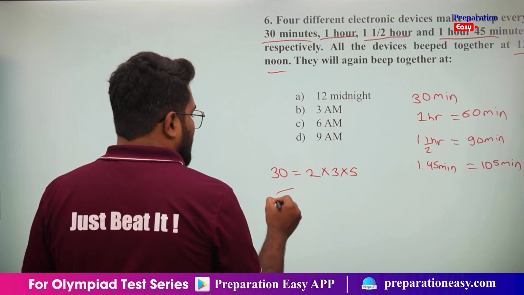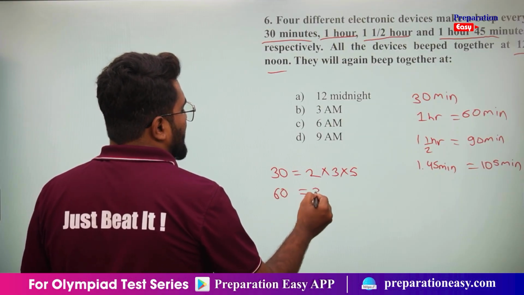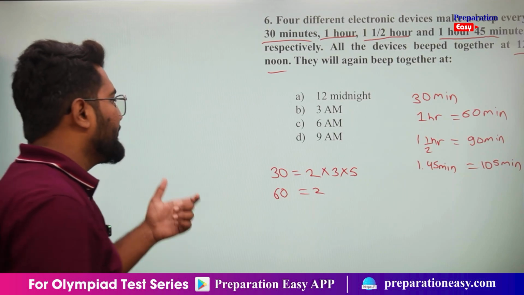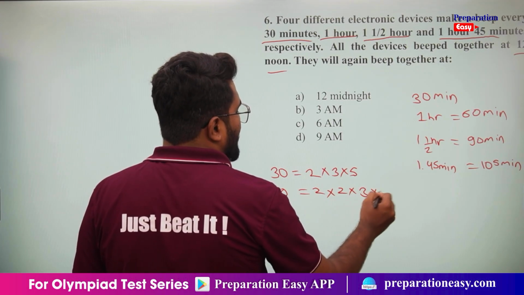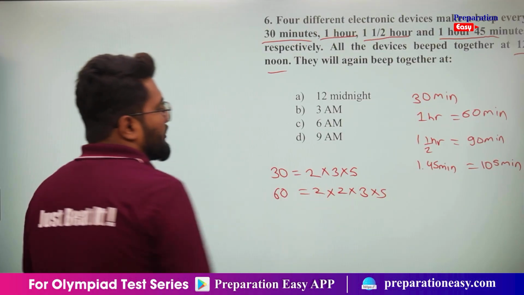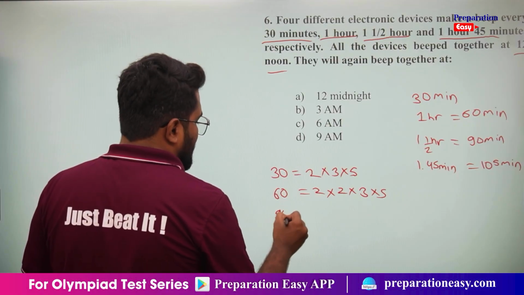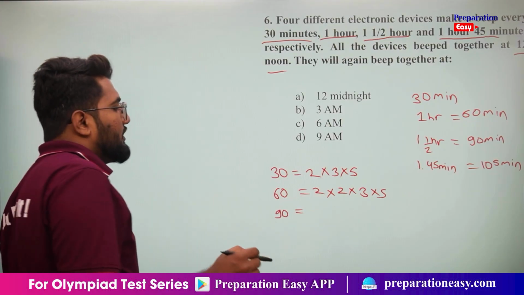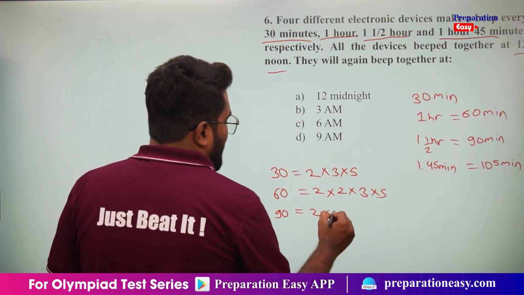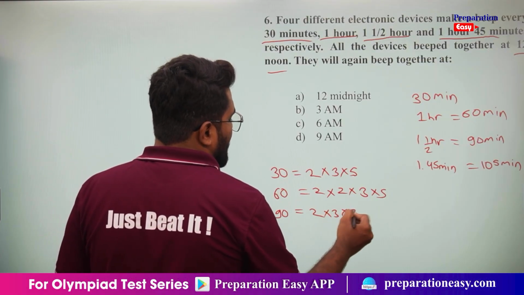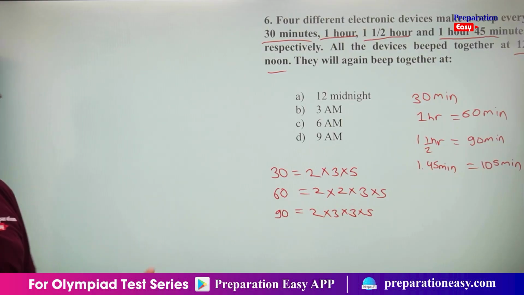Second is 60. 60 can be written as 2 multiplied by 2 multiplied by 3 multiplied by 5. This is 30, and into 2 is 60. Next is 90. For 90 we can calculate it as 2 times 45. 45 can be written as 3 multiplied by 3 multiplied by 5. So 3 3s are 9, 9 5s are 45, 45 2s are 90.